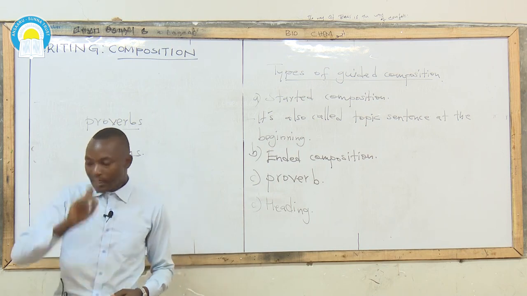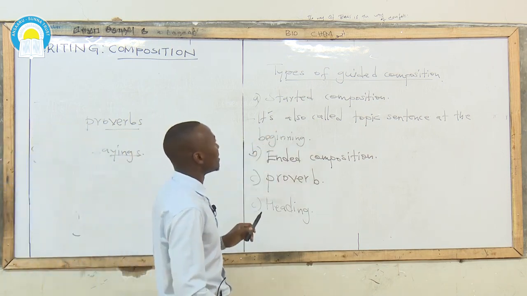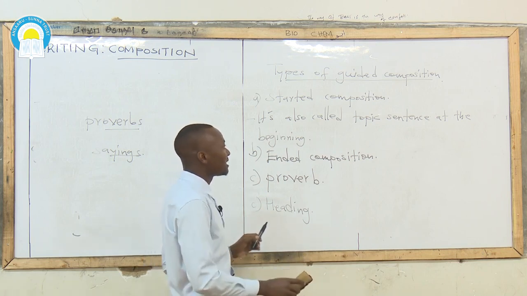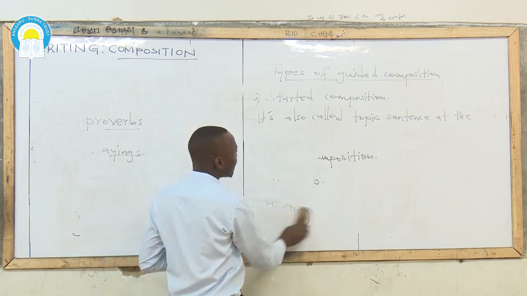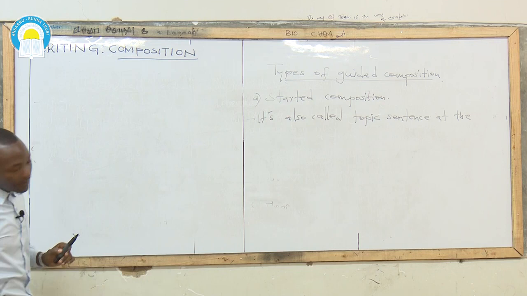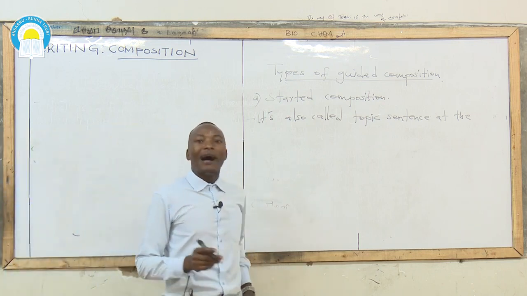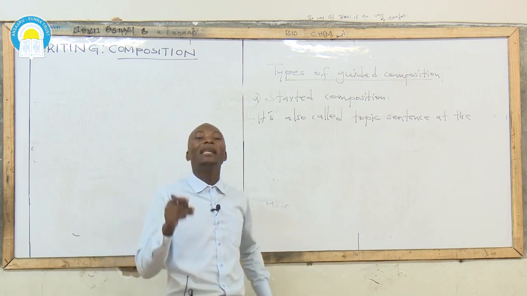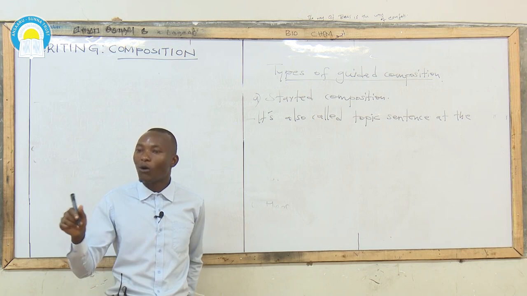Now, let me go back to the first thing, that is the started composition, also called the topic sentence at the beginning. I would like to explain this to the learners. Now, in the started composition, a learner can be given a beginning of a composition and then told to complete it.